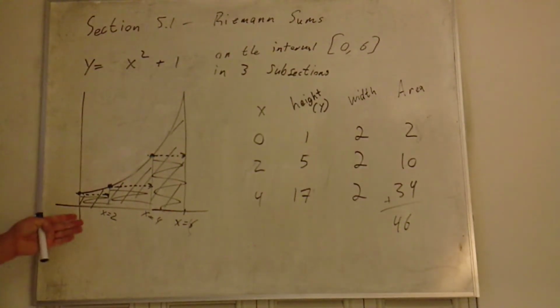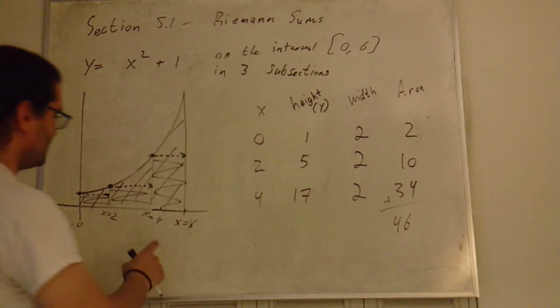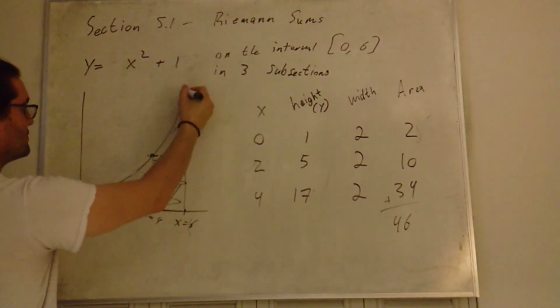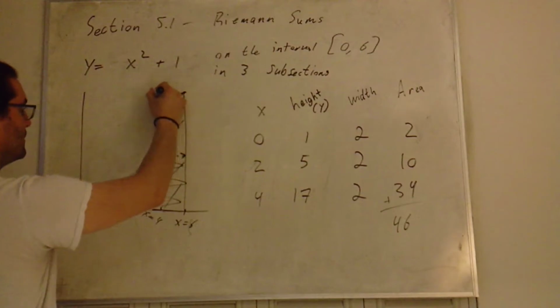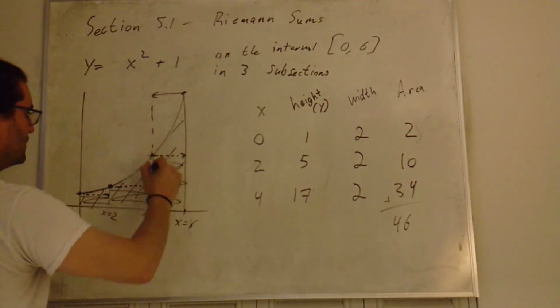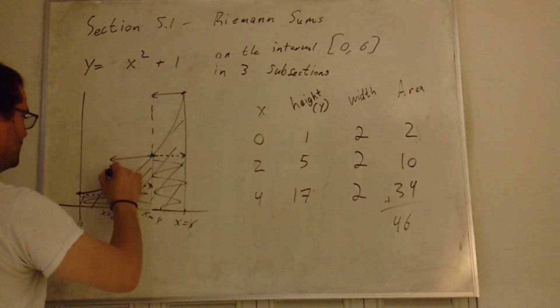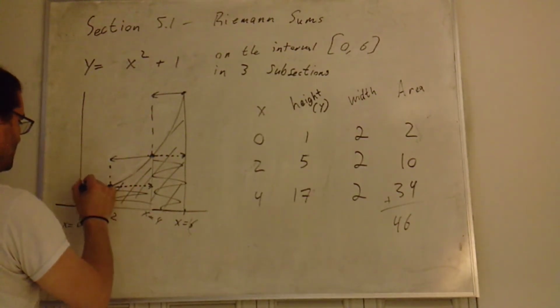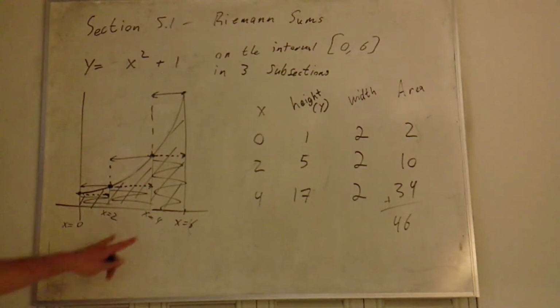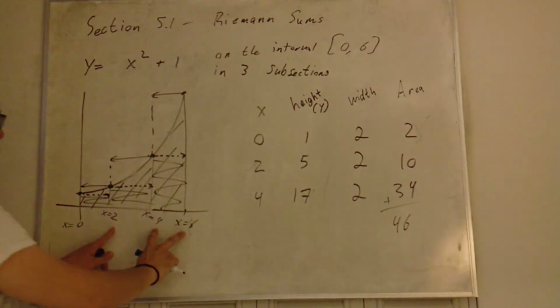If we're using right endpoints, then we need to use the 6 and the 4 and the 2. So here's the neat trick about this.